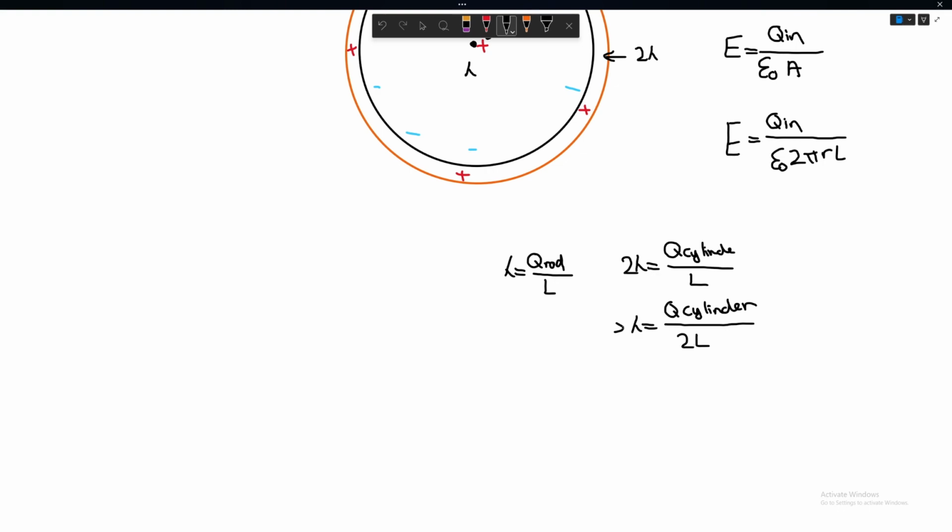And you notice now this lambda equals this lambda. I'm just trying to prove something here. You don't have to do any of this, but in case you don't see it, the length is the same for both. So Q rod over L equals Q cylinder over 2L.